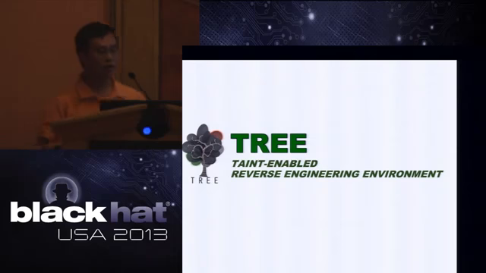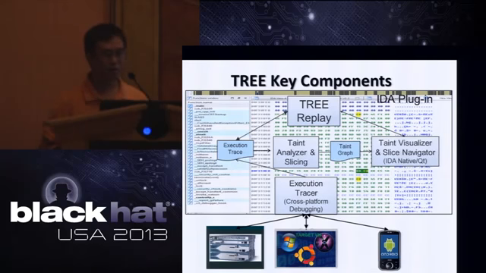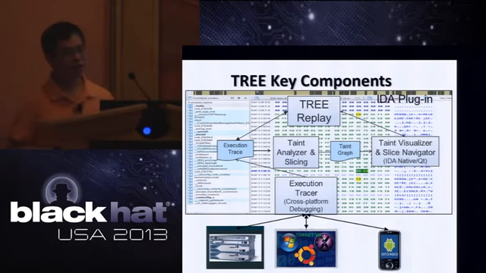So next we're going to use a tool to explain how we supported that from IDA. As I mentioned, it is an IDA plugin. It has 3 main components. The execution tracer is responsible for getting a trace from different targets.